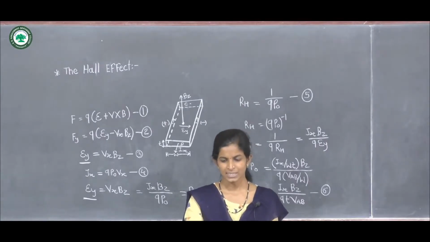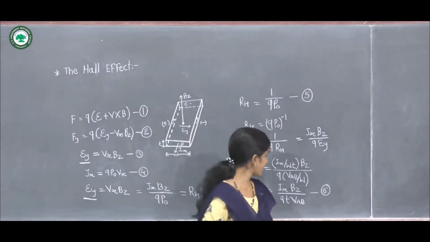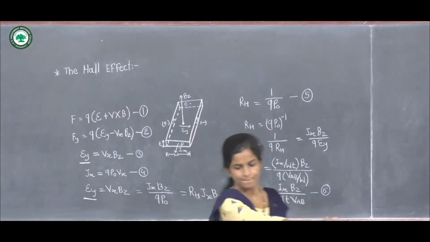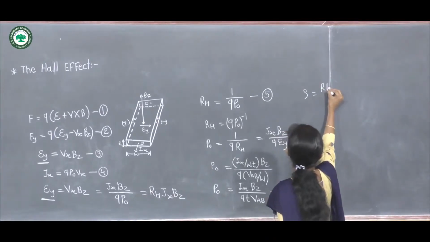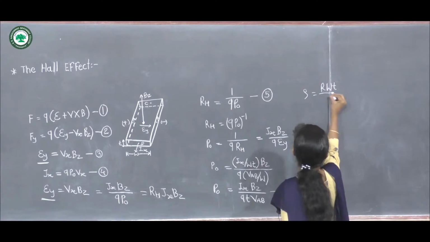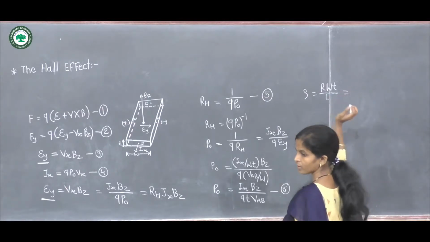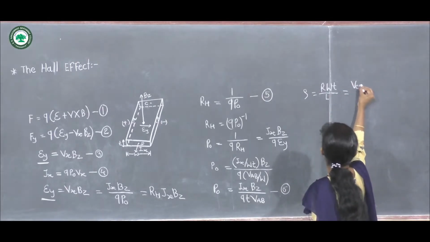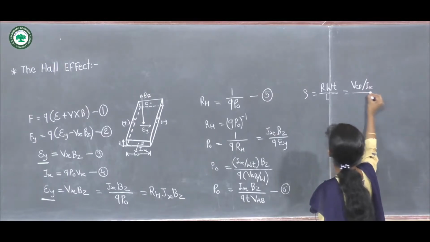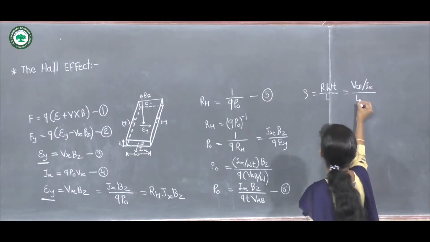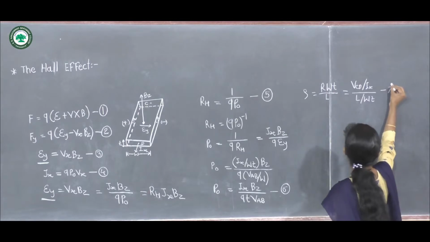If one measures the resistance, the sample resistivity can be calculated, and it is given by rho is equal to R into W into T upon L, which is equal to VCD upon Ix divided by L upon W into T. So this is equation number 7.